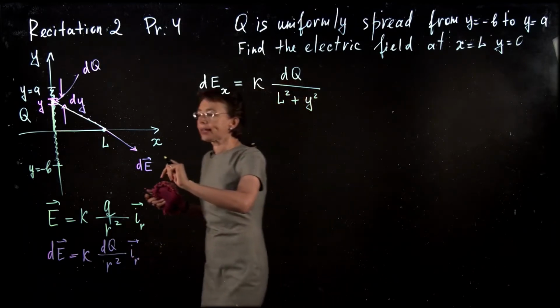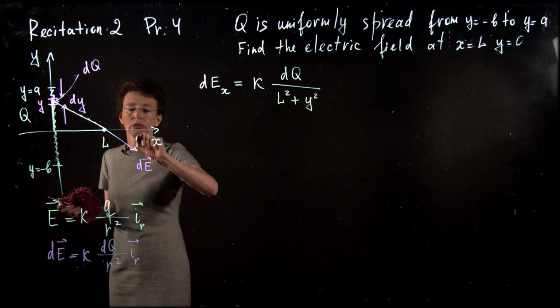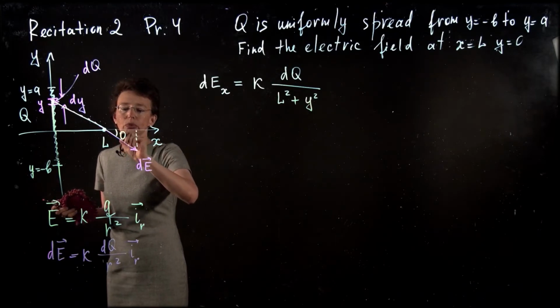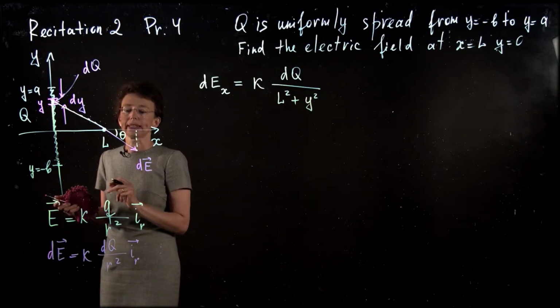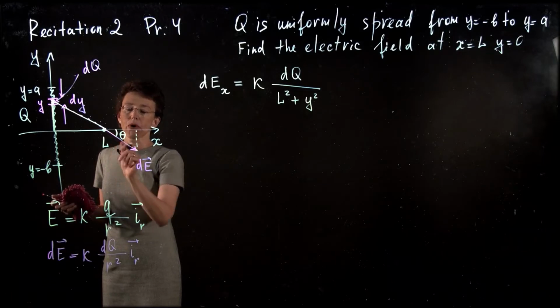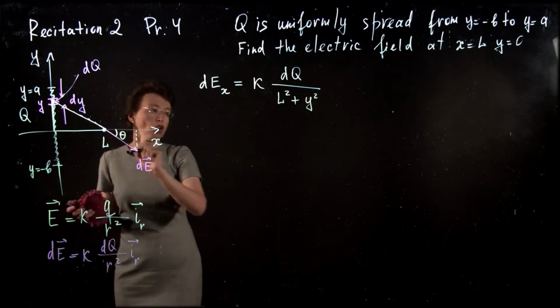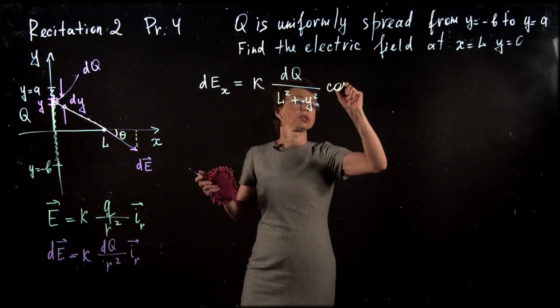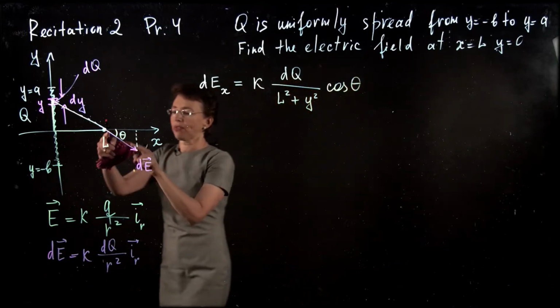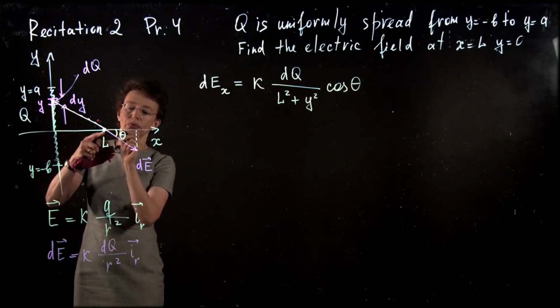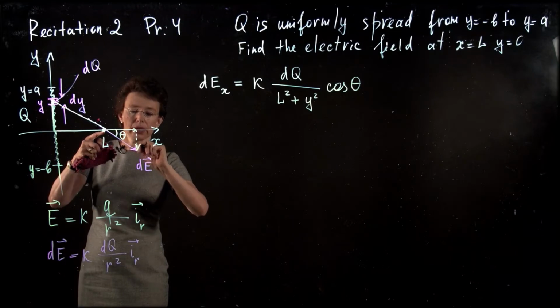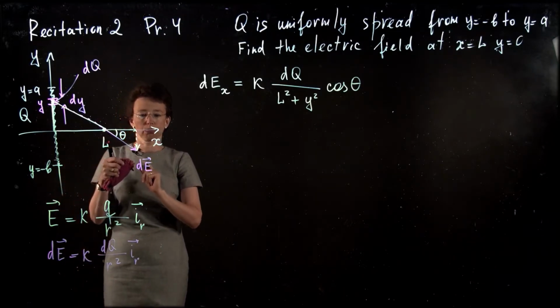And to have the x component, I need to introduce an angle. Let's introduce the angle with horizontal, for example, theta. To have the x component, I need to multiply by cosine theta. This vector is the vector sum of these vectors, so the x component is positive.